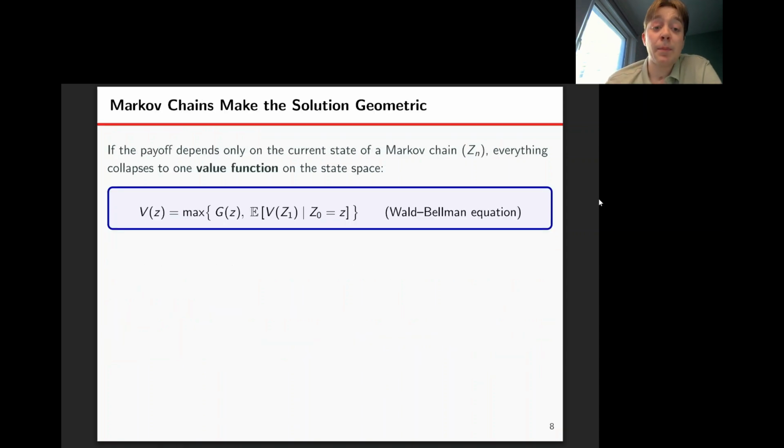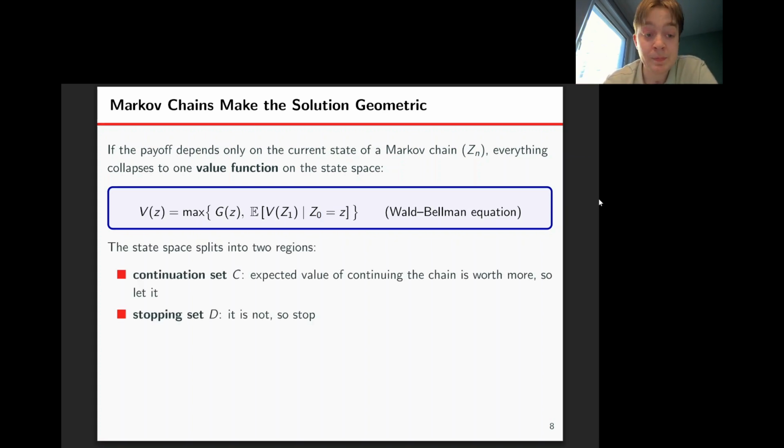Now, if the payoffs depend only on the current state of a Markov chain Z, everything collapses to one value function on the state space, where the value of a specific state Z is just the maximum of the payoff of that state and the expected value of continuing the chain from that state. This is called the Wald-Bellman equation.